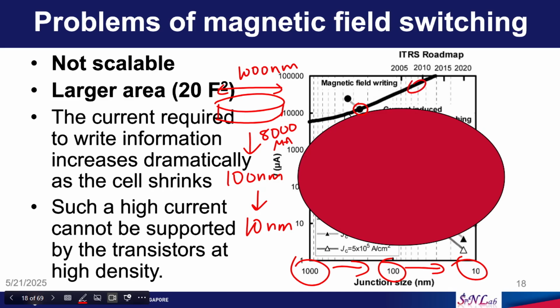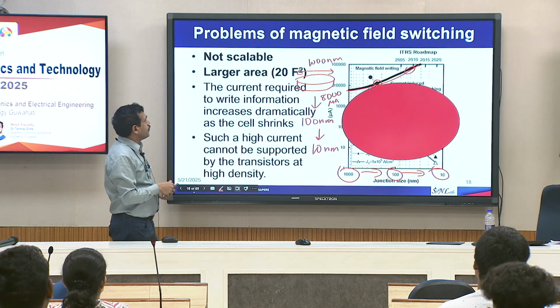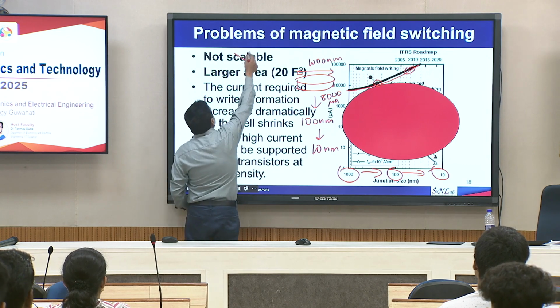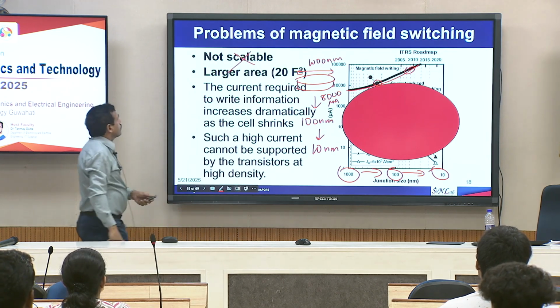So, the current required to write information keeps going up. This is a problem. You want to make the devices smaller, but as you make devices smaller, the current you need to write information gets larger and larger. That is why it is not scalable.